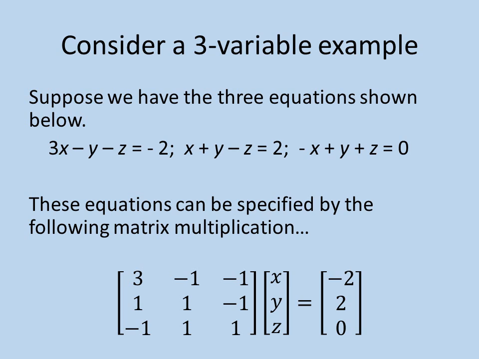The next equation gives us 1, 1, -1, and that shows up as the second row of our matrix here. We have our unknowns x, y, and z represented as a column vector, and then we take our numbers -2, 2, and 0 and use those to form a column vector shown here on the right. And that's how we represent a system of three equations with three unknowns in matrix form.